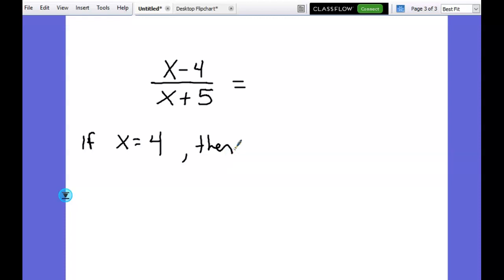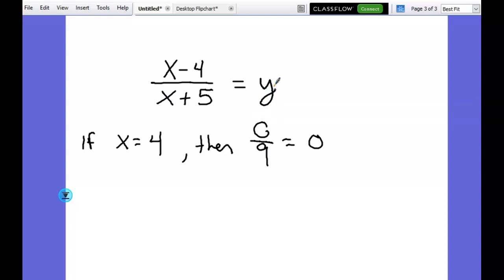So if x equals 4, then what do we get? That's the final answer, right? So if you plug in 4, on the top you get 0, and on the bottom you get 9. But anytime you have 0 on the top, the answer is just 0. Okay? Now this is my y value, right? So when I plug in 4, I get y equals 0.